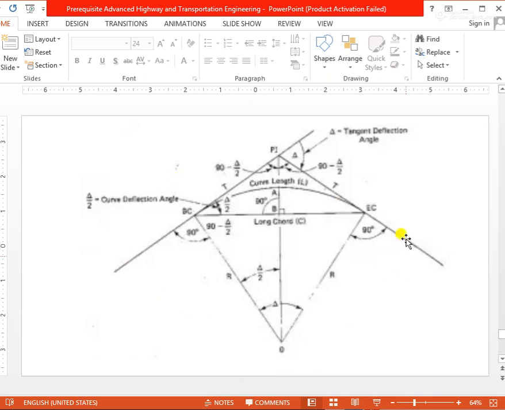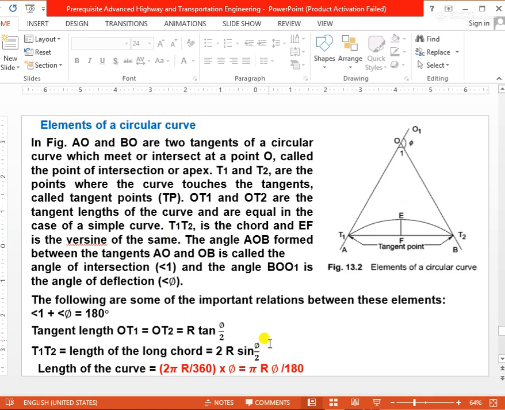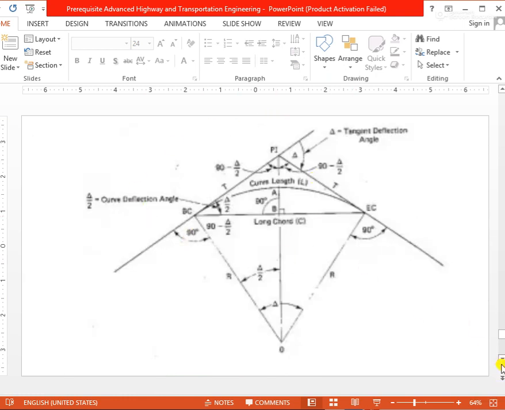From this figure we can prove all these things: R tan phi by 2, T1T2 as 2R sin phi by 2, and the length of the curve as 2 pi R by 360 into phi, or simply pi R phi by 180.